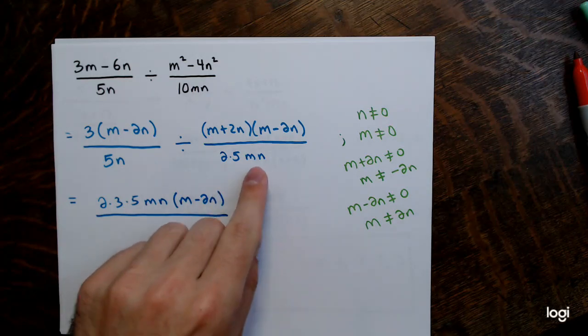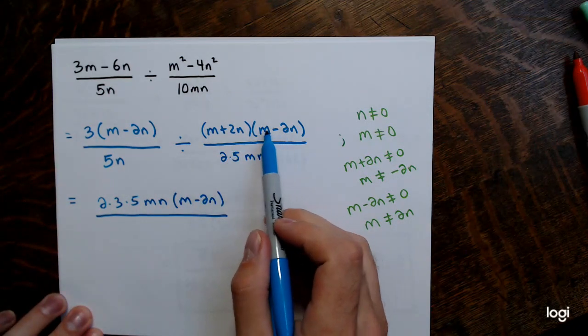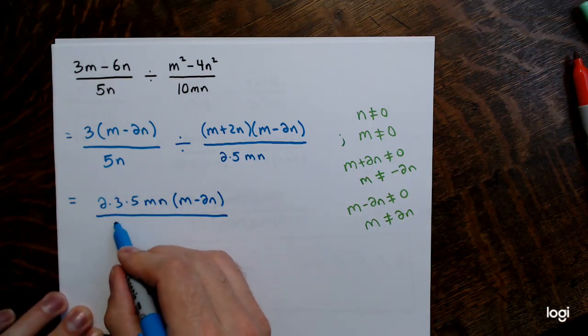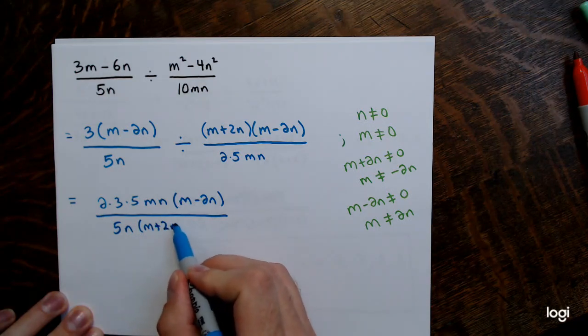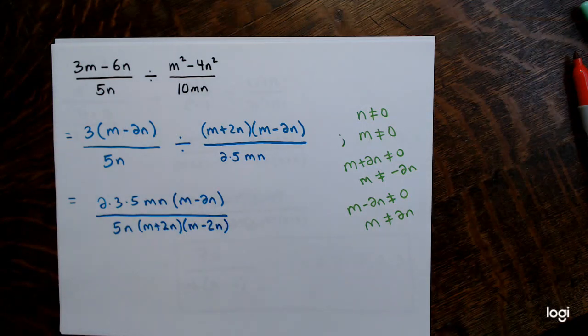Again, these factors with these factors. And then these factors will go in the denominator with the 5 and the n. So I'll have 5 times n, and then times m plus 2n times m minus 2n in the denominator after I rewrite it as a multiplication problem.